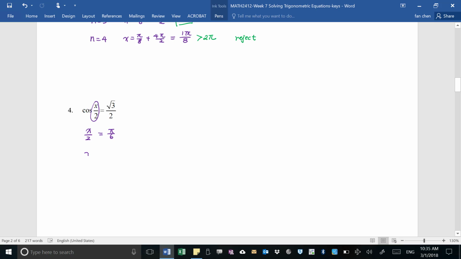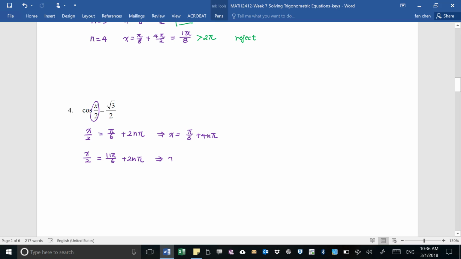Another one is 11 pi over 6. Well, every 2 pi is repeating, so plus 2n pi. So from here, I can get x by multiplying both sides by 2, so that's pi over 3 plus 4n pi.